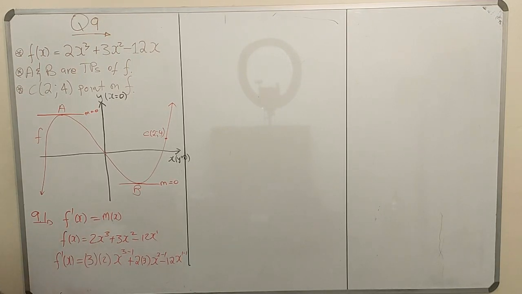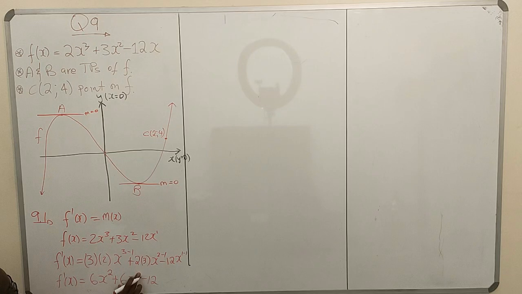That's how you differentiate. So f prime of x is equal to, 3 times 2, that is 6, x to the 3 minus 1, you have squared there. Plus 2 times 3, that is also 6, x to the 2 minus 1, you're left with 1, minus 12.